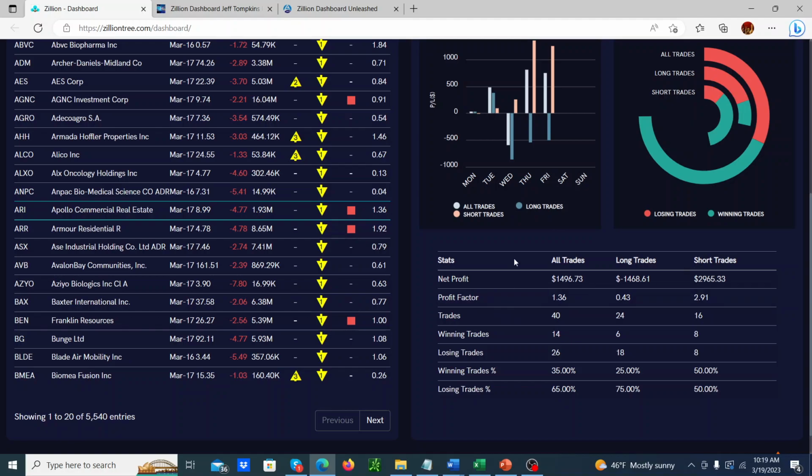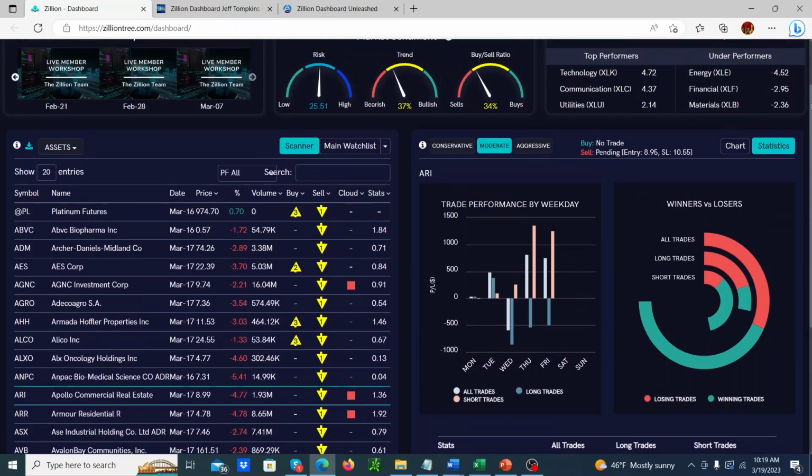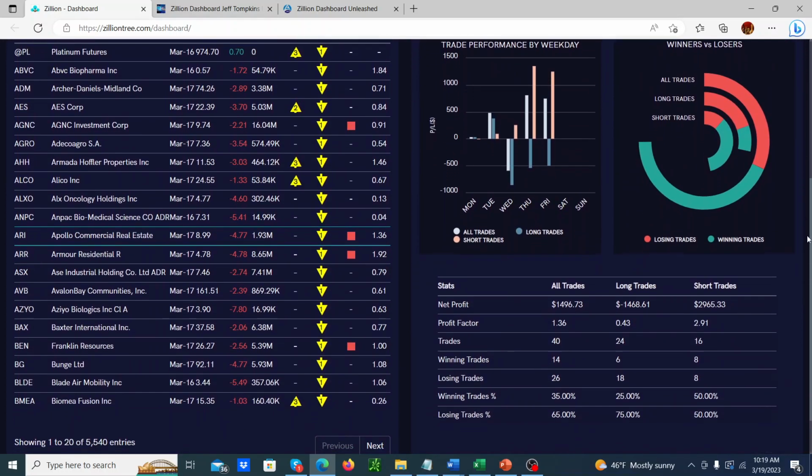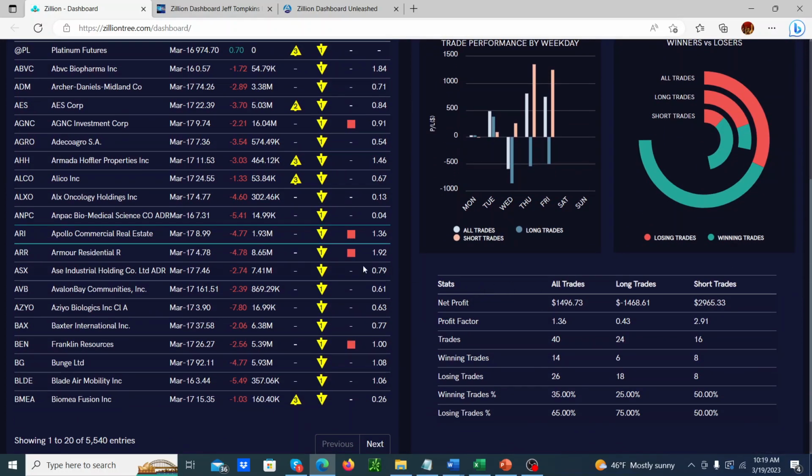Now, narrowing this down at this point, you say, okay, well, we have a few things here. We have a bearish market, according to the Zillion stuff at the top here, right? We have the bearish stuff. We have a ticker that has just triggered a 1 day pre-signal to the downside. It has a positive overall profit factor. The short trades historically have worked far better than the long trades.